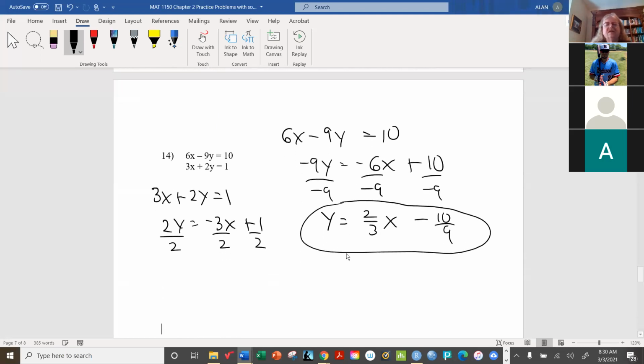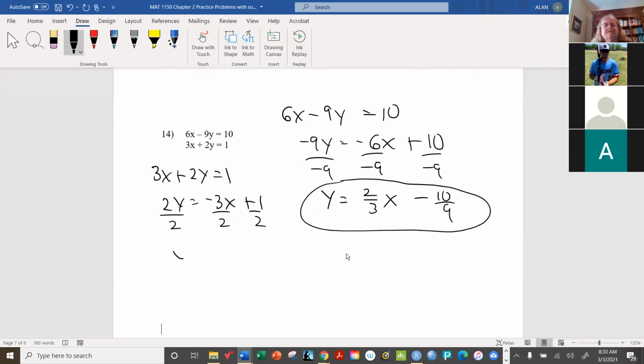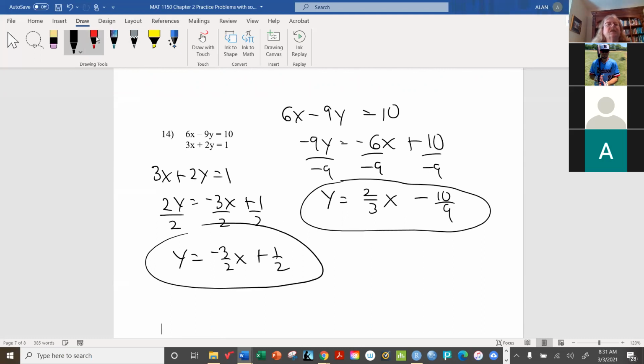Oh, look, we might be in luck this time. Why do I say that? Because if you look at these carefully, you'll see that the product of these slopes is -1.